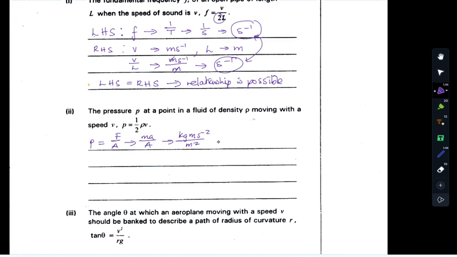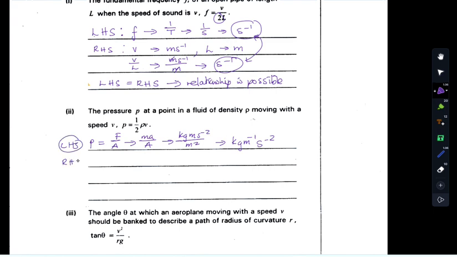Using the laws of indices, we have kg m to the negative 1 and s to the power minus 2. This is for the left hand side.